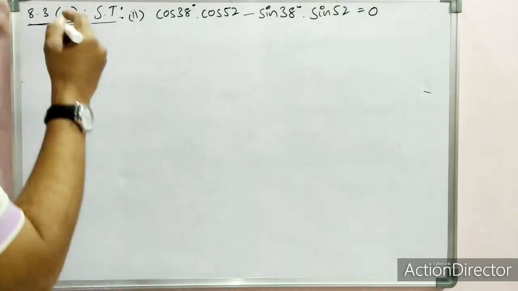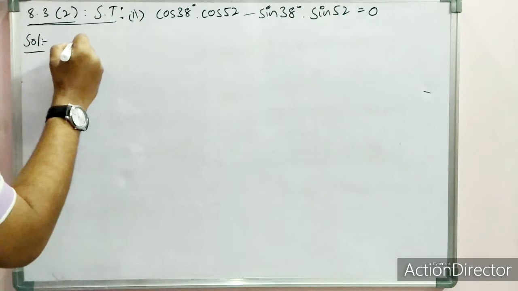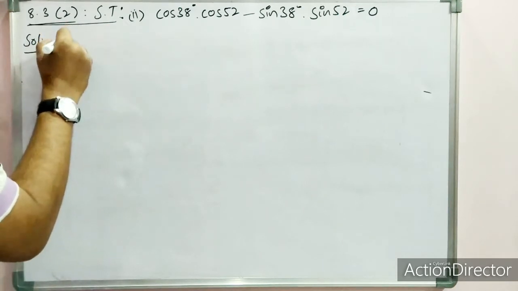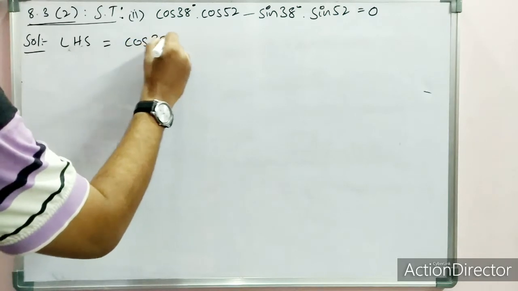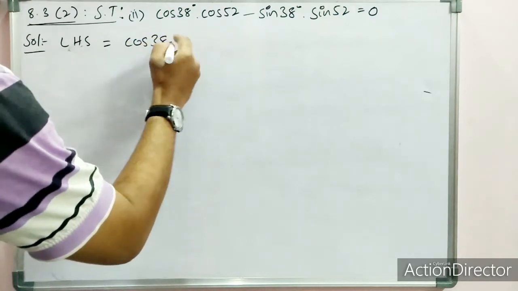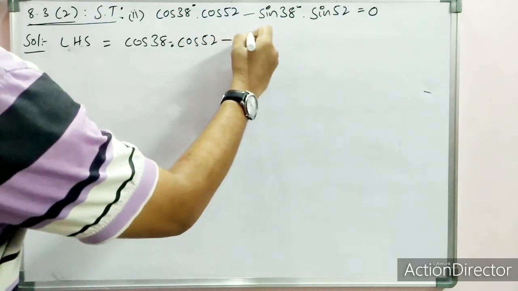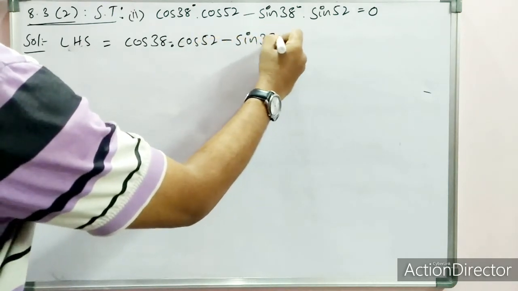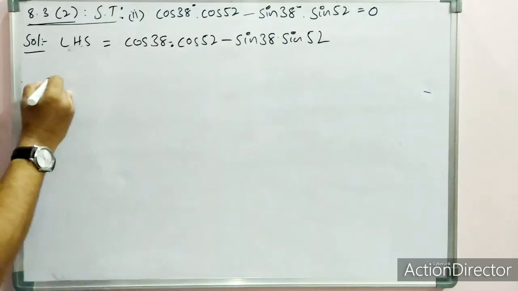In this question, you take the LHS. Solution: the LHS part is cos 38 into cos 52 minus sin 38 into sin 52. Now you change these two.